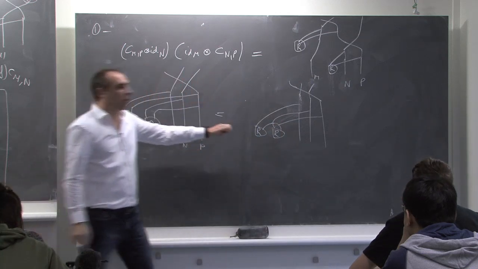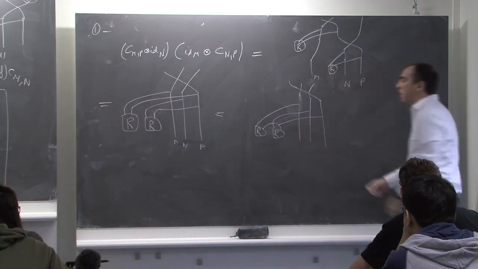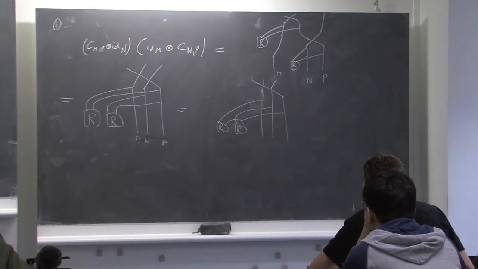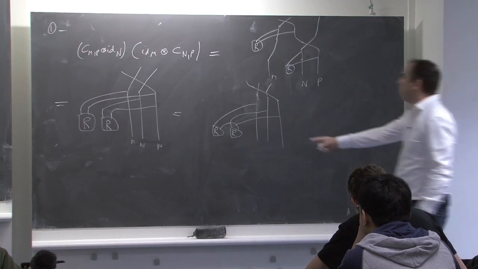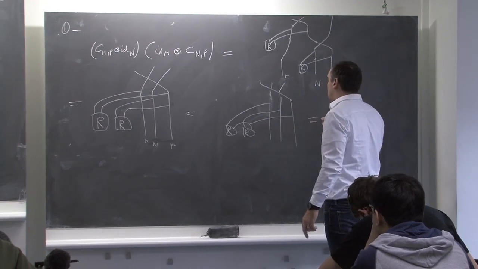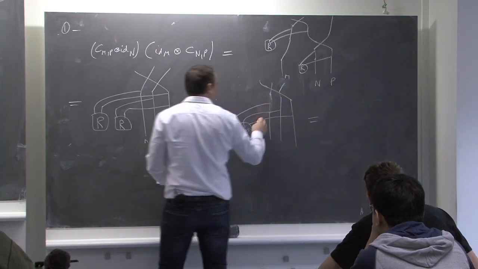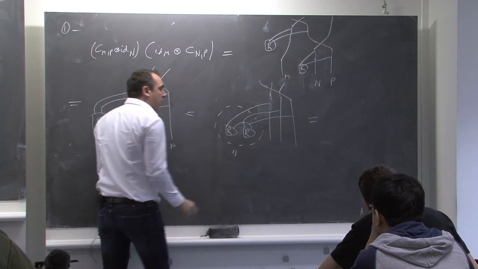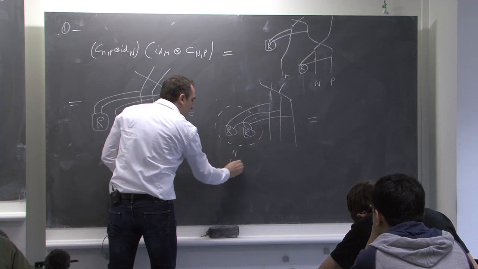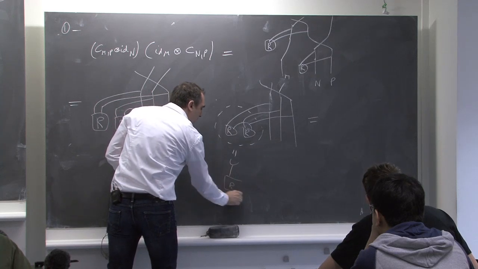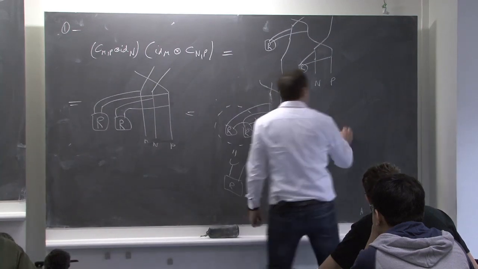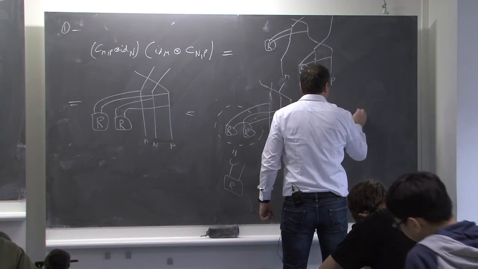But now we know an axiom of the R matrix. So this is equal to the coproduct of R like this. So we have R coproduct this.